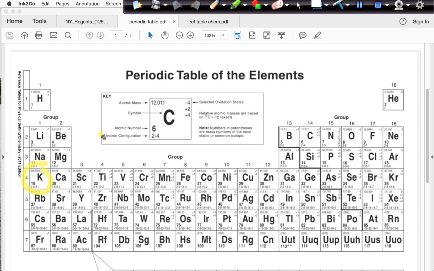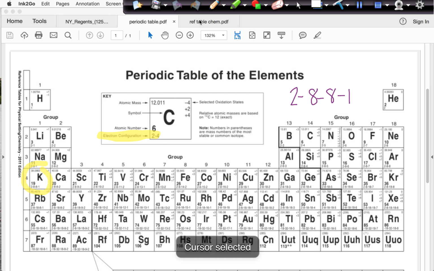Now, according to my key here, the electron configuration is found at the bottom left-hand corner of each of our boxes on the periodic table. And so the ground state electron configuration for potassium, if I copy it, is 2-8-8-1.